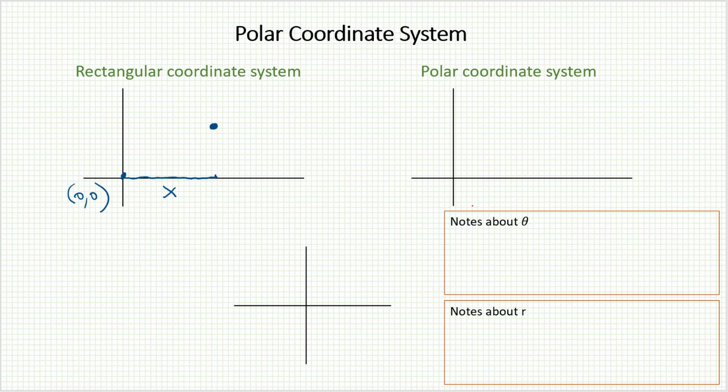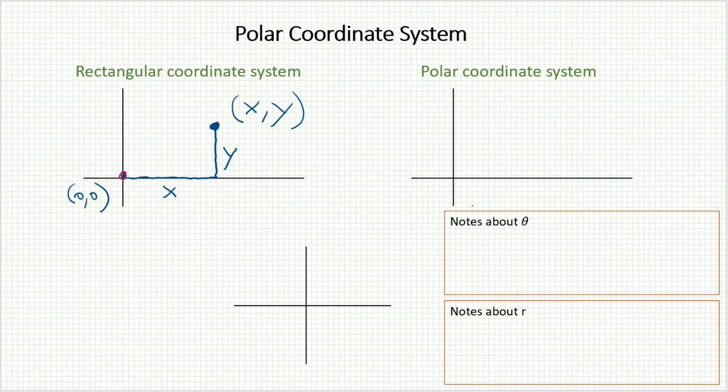From there, walk up or down a distance of y units as necessary. And as you know, we use those two distances to name this particular point. This becomes the point x comma y in the rectangular coordinate system.